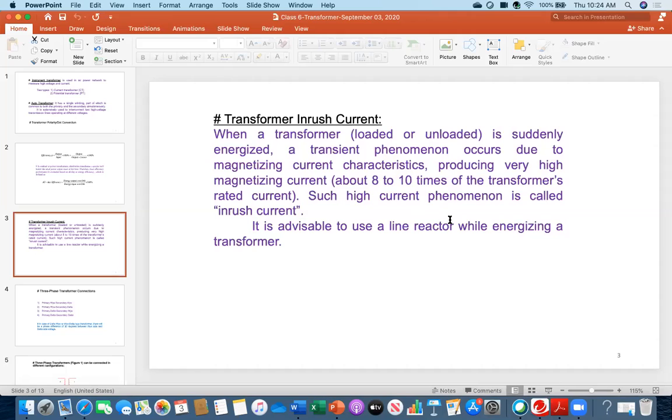Then gradually it decays. It will not always be 8 to 10 times. Over time, it will go away. It will decay. That phenomenon is called inrush current. And how to handle that? You have to use a line reactor when energizing a transformer.